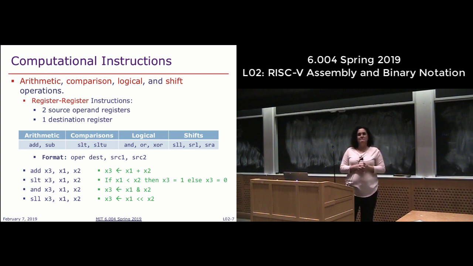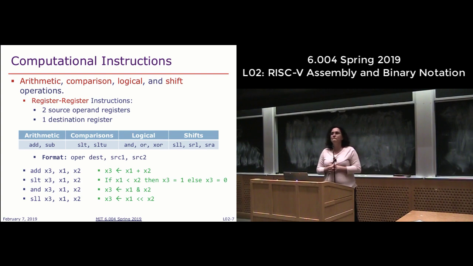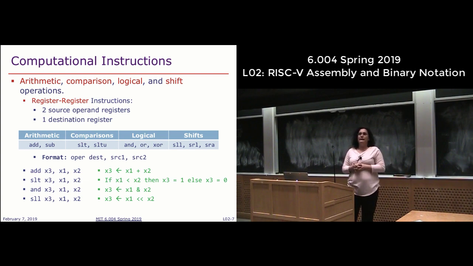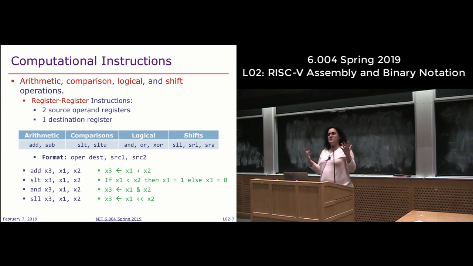Okay? Any questions? Yeah? What's the shift less than unsigned? What's the difference between the two? There's no shift less than, it's a set less than unsigned. And so that means that the comparison that you're doing, we're going to learn about today, we can have numbers either just all be considered unsigned, which means you treat them all as positive, or you can have numbers that represent both positive and negative numbers.